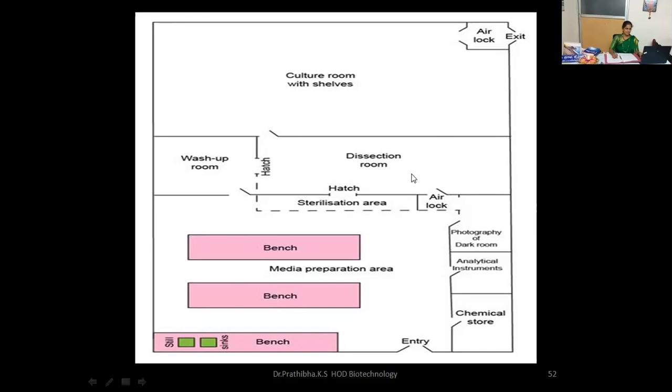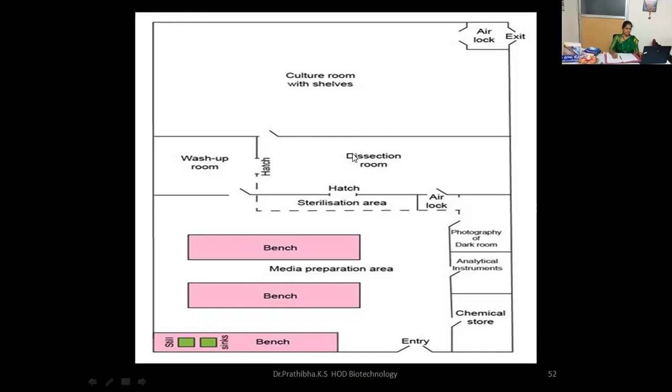Then coming to the culture transfer room. In this culture transfer room, there must be laminar airflow. I have already told you about the laminar airflow, which works on the principle of HEPA, high efficiency particulate air, which blows ultra clean air that is free from fungal and bacterial contaminants. It means to sterilize the air, we have a laminar airflow.